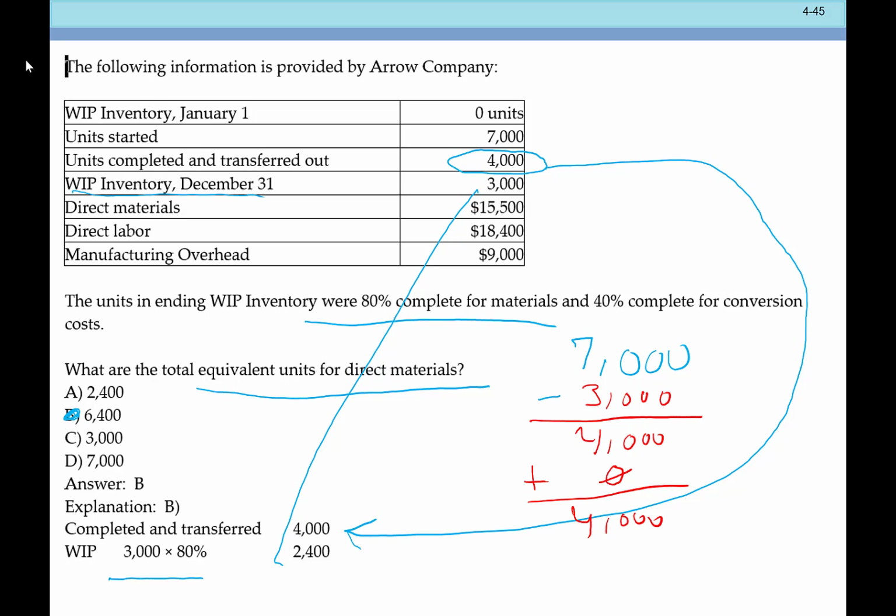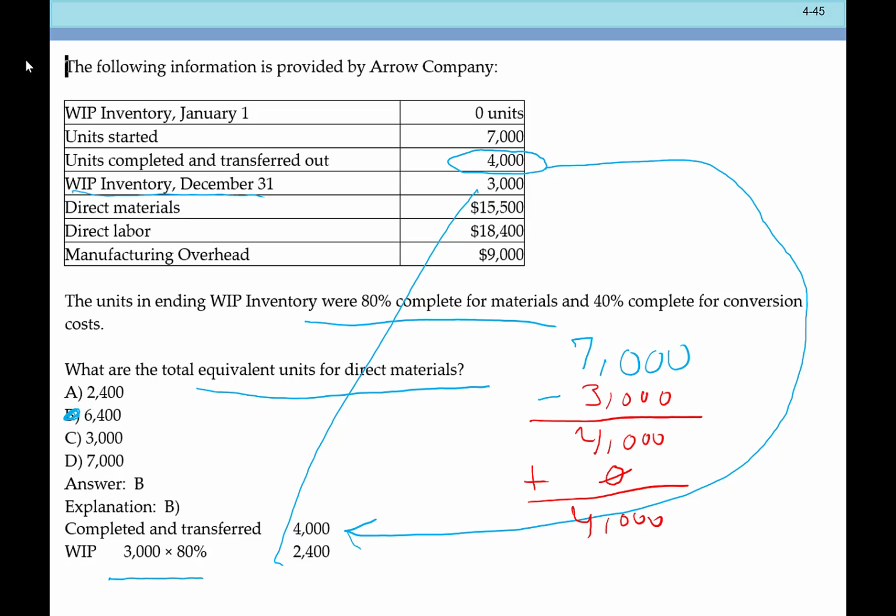Okay, all right, good. Let's look at this one, and what are the total equivalent units for direct materials? Okay, so they give me the units completed and transferred out at 4,000. You pick that number up, just looking at the solution, plus the 3,000 units in ending inventory times 80%, it's 2,400, right?